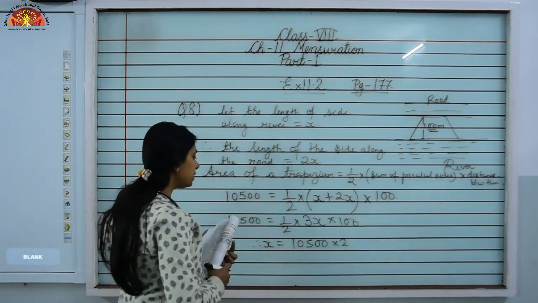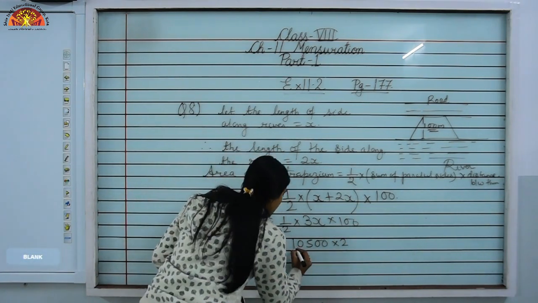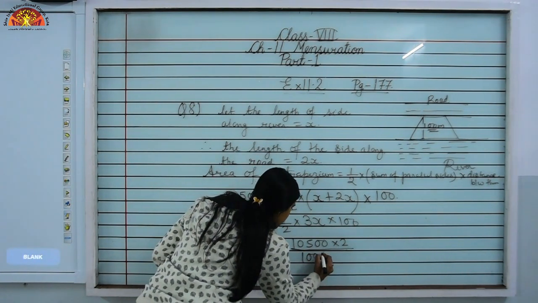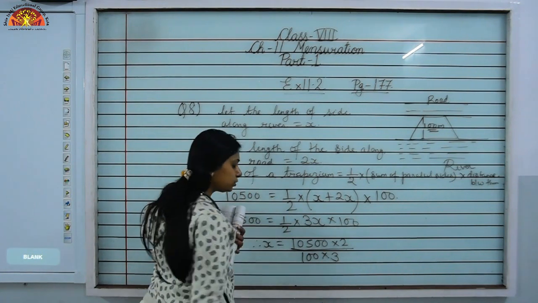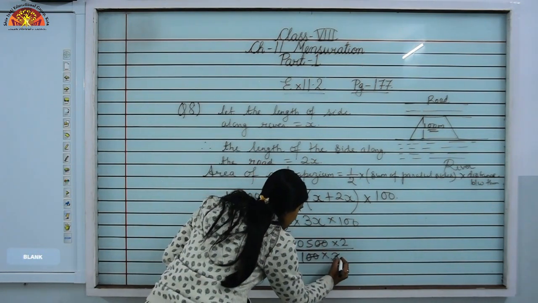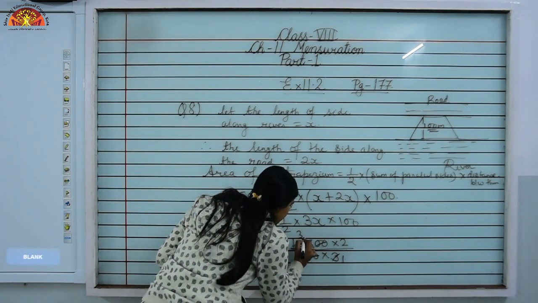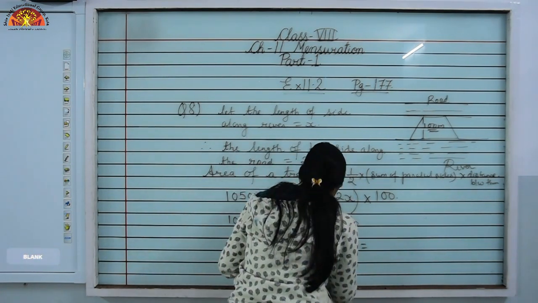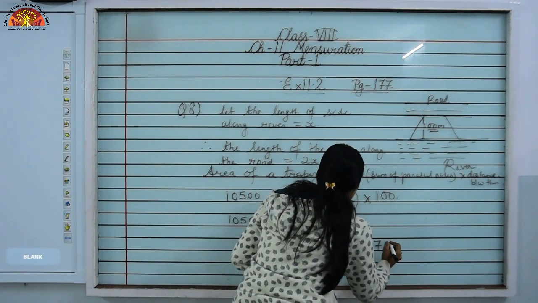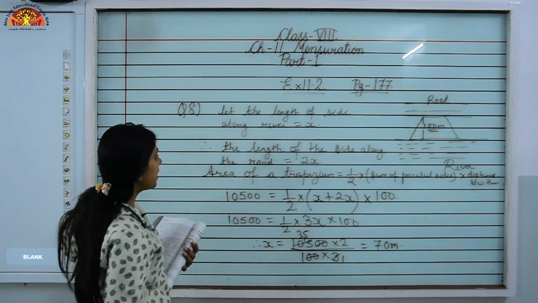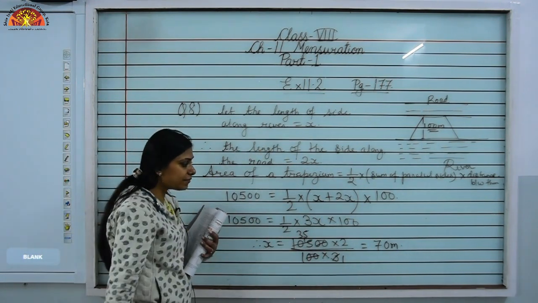We are doing the cross multiplication now. So this will just cut. 3 ones are 3, 3 threes are 9 and 3 fives are 15. So x is equal to 35 into 2, which comes out to be 70 meter. That is, the length of the side along the river is equal to 70 meter.